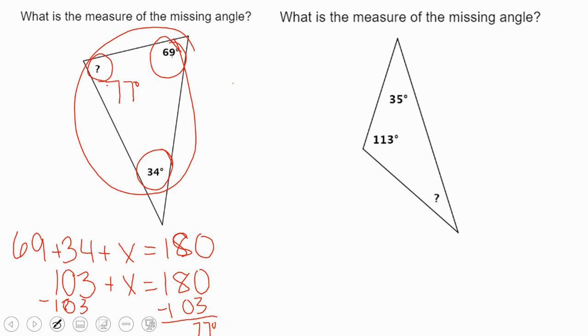Now we have an obtuse triangle. It's still going to work the same way. We have 113 degrees plus 35 degrees plus the missing value needing to equal 180. 113 plus 35 is 148.